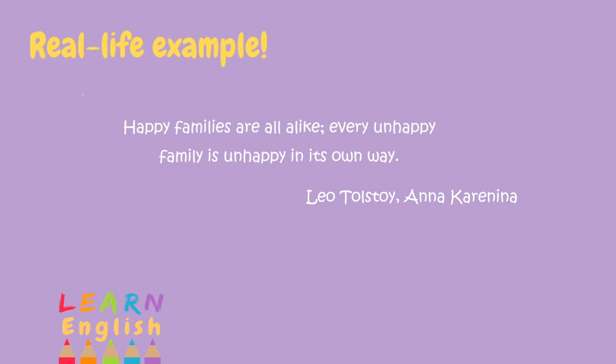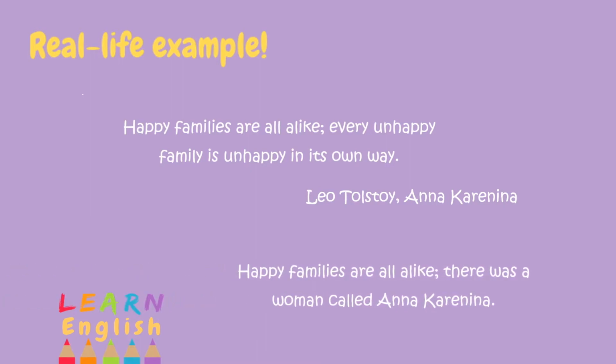Because we can put a connective there, we can tell that the 2 clauses are linked, so we can put a semicolon there. But if Tolstoy had written something like this, then the semicolon would be incorrect. That's because this semicolon is separating 2 independent clauses, things that could be sentences of their own.